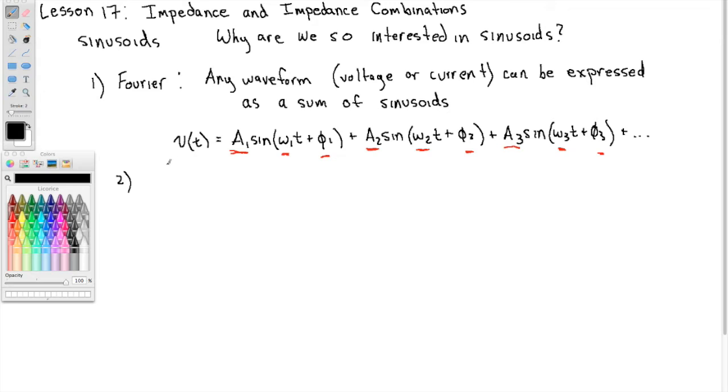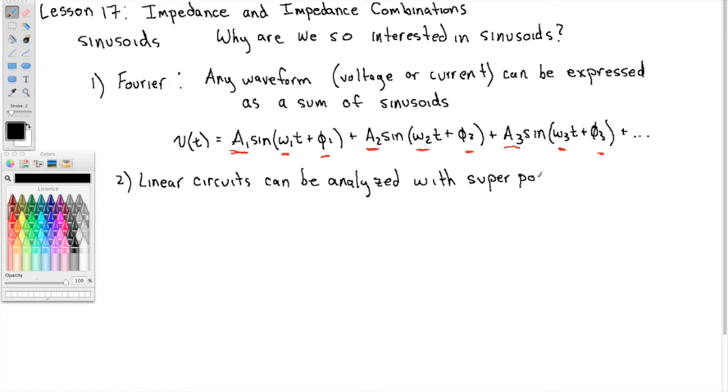And number two, we know already that the circuits that we're looking at in this course are linear circuits. And linear circuits can be analyzed with superposition.